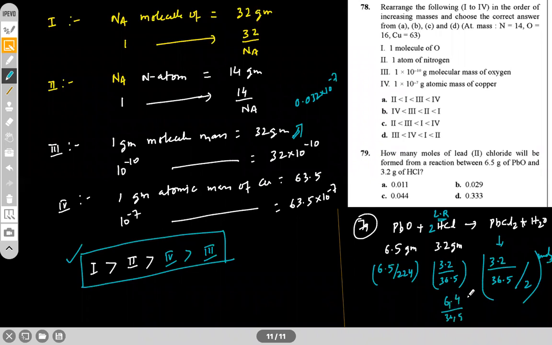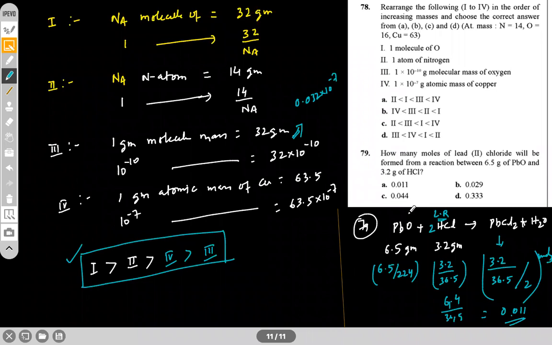So it is around, suppose I have a 0 over here, this will be 0.01 something, close to 0.01. And the answer is 0.011 approximately you'll get. 0.011 moles of PbCl2 forms in this reaction.